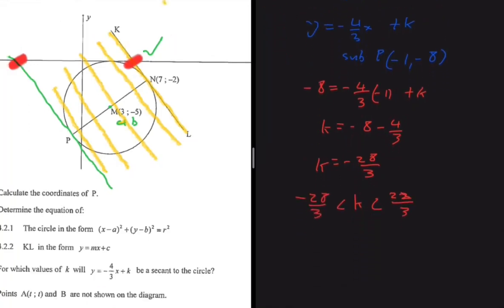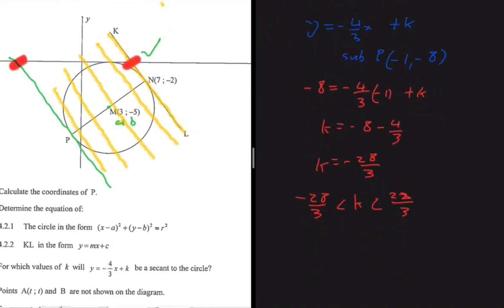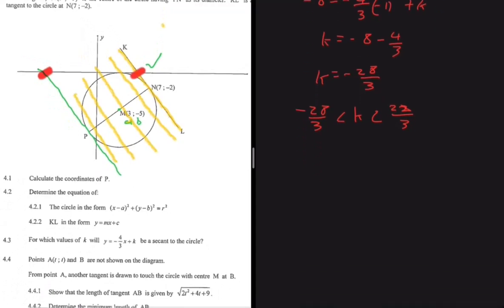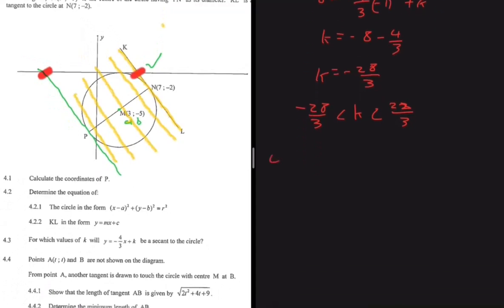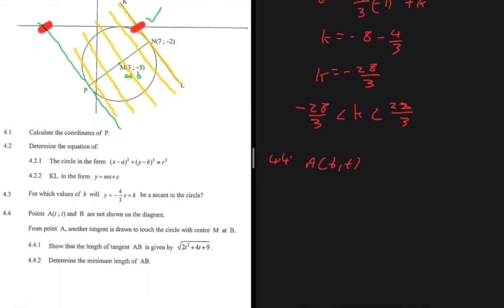That line y = -4/3 x + k is a secant to the circle. Now let's do 4.4. So 4.4 is saying that we have points A of some coordinate (t, t) and B that are not shown on the diagram.